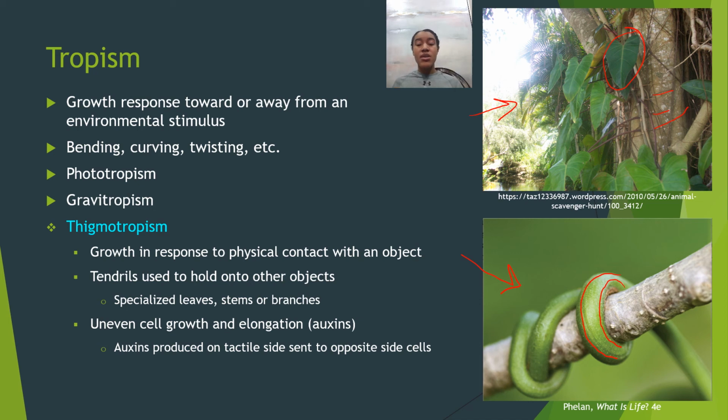And this is because auxins that are produced on this side of the plant are then transported to this side of the plant and will cause that bending. So auxins play a major role in thigmotropism, gravitropism, and in phototropism.